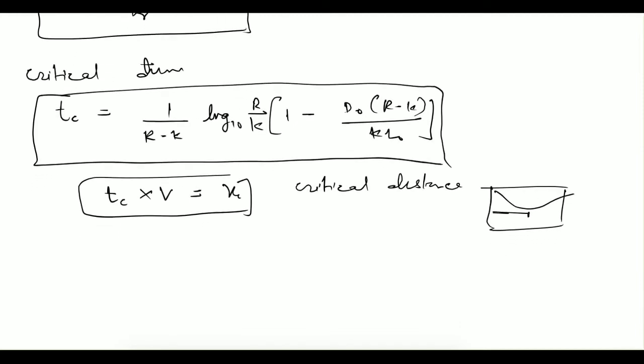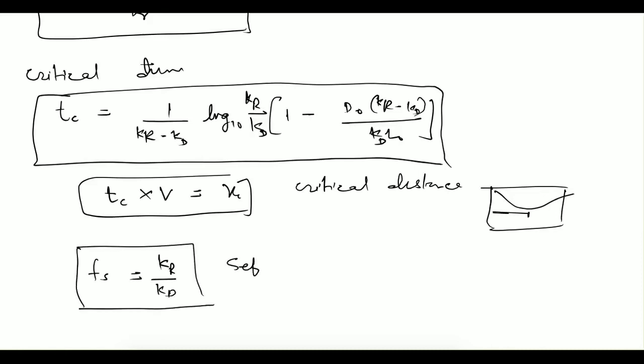Now the ratio of kr and kd is known as the self purification constant, denoted as fs.